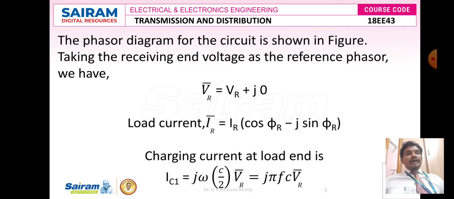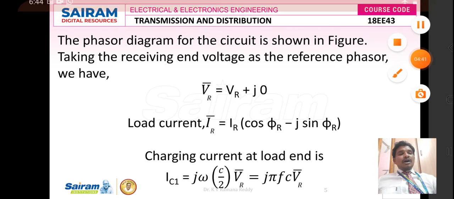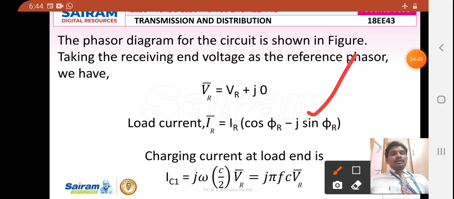In a similar manner, here I can write cos phi R minus j sin phi R. Therefore, the charging current at the load end I can take as IC1. IC1 is the current flowing through the half segment of the capacitance taken as reference at the receiving end side.